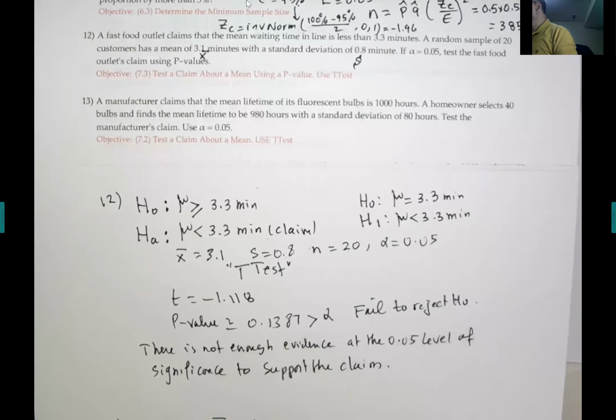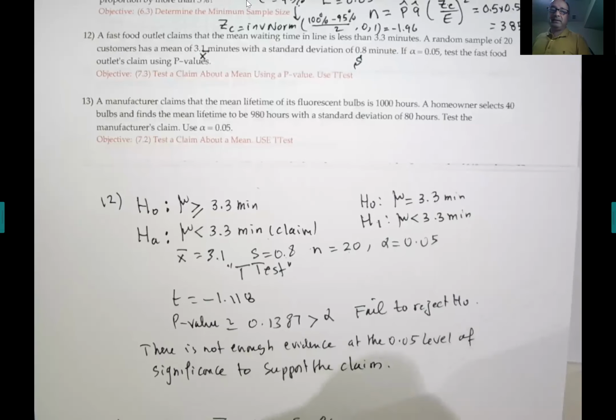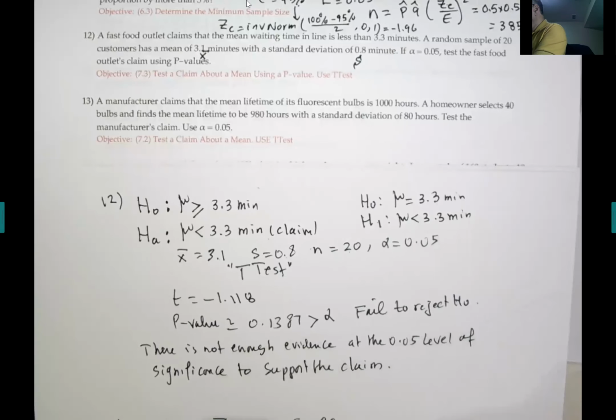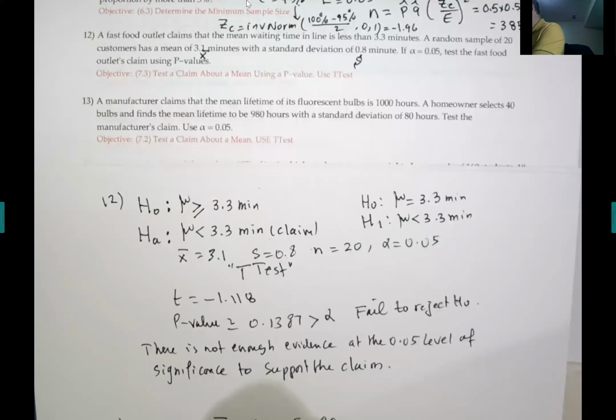With a standard deviation of 80, you should agree with me that this is S, not sigma. He's still talking about the sample. S equals 80. Test the claim. Okay. H0, HA. I'm going to write it mean equals, actually, it says mean equals what? 1,000. So what would the alternative be? Not equal 1,000?